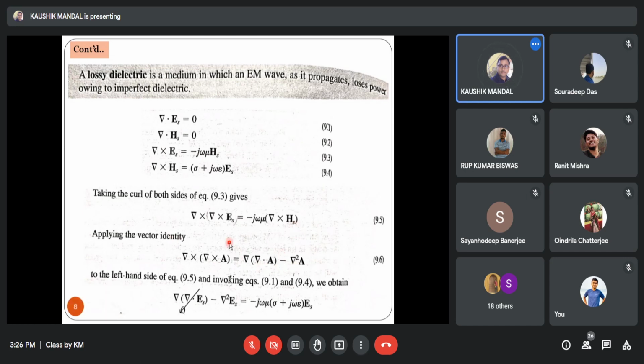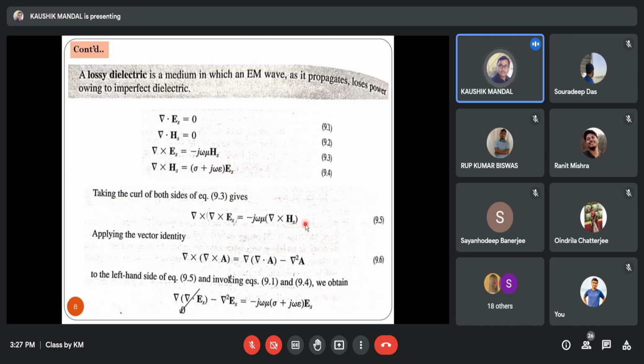If you apply this vector identity in the previous equation, it becomes grad of divergence of ES minus grad square ES, and on the right hand side it is nothing but minus j omega mu of curl of HS. Curl of HS equal to sigma plus j omega epsilon ES.